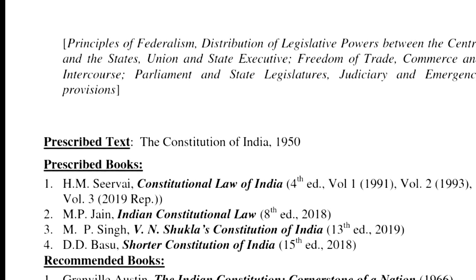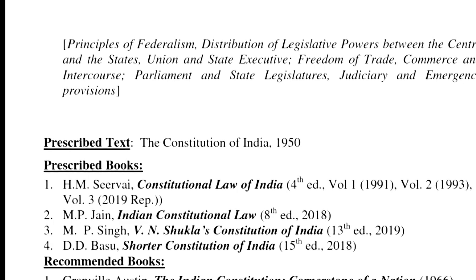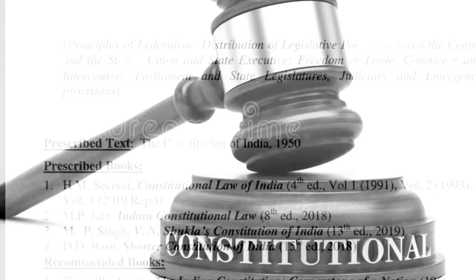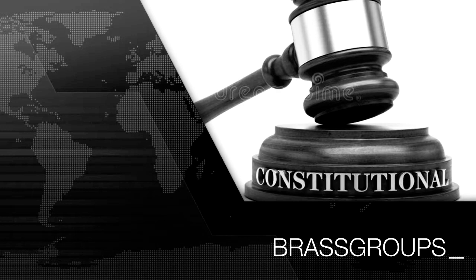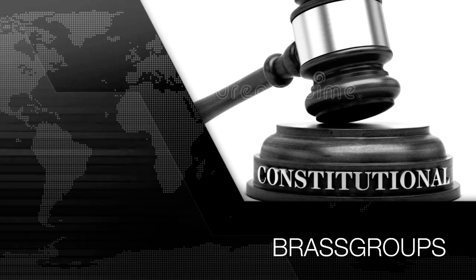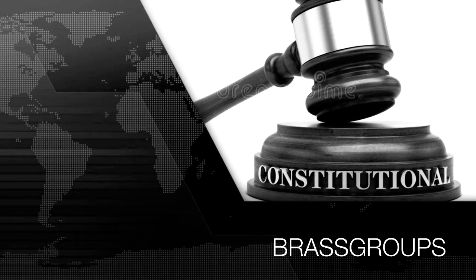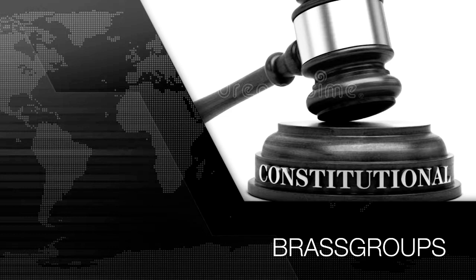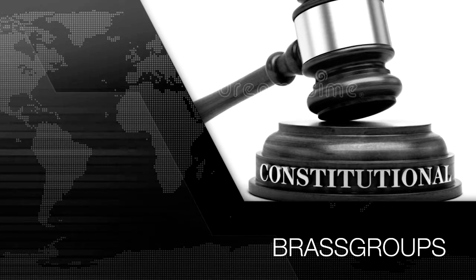But despite the fact that we have retained the federal structure which was given to us by the British, and most of the federal form of government that we are even today practicing and following was something that was already there in the 1935 Act, a lot of it has evolved over a period of time by interventions by either the legislature or the executive or the judiciary, and that is something that we will discuss during the course of our entire syllabus.